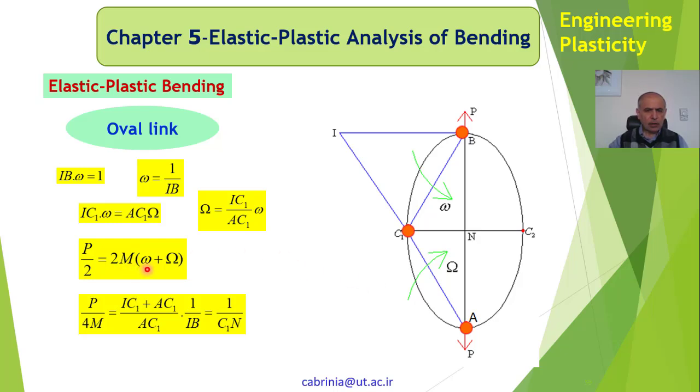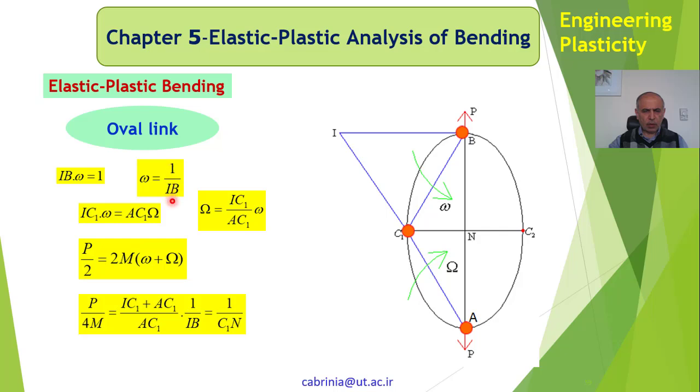Right, then I substitute here. If I take this 2 Mp and bring it into the denominator, I get P over 4 Mp, and substitute for small omega, which is 1 over IB, and for big omega, which is IC1 over AC1 times small omega.